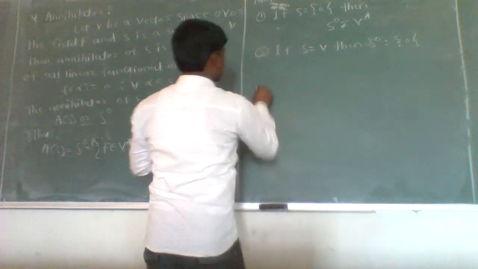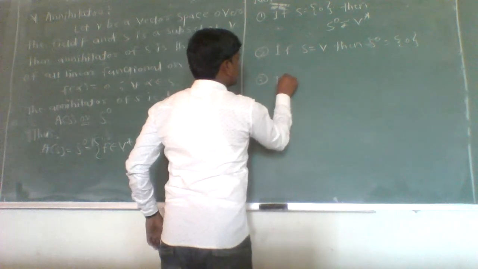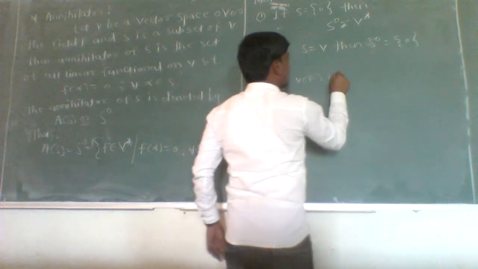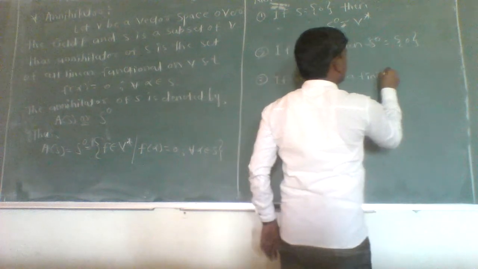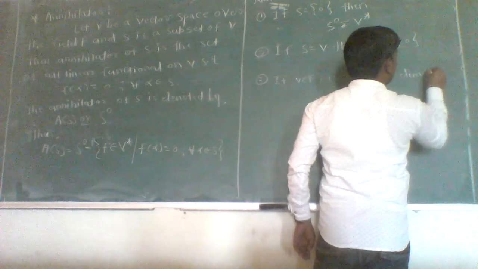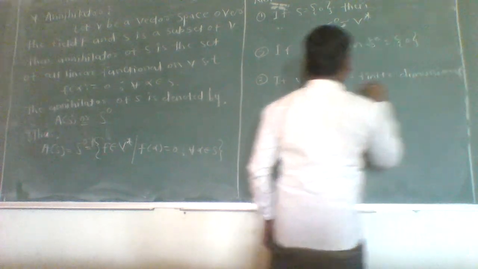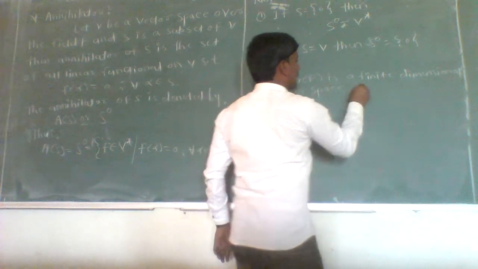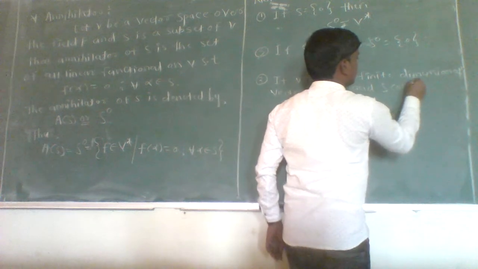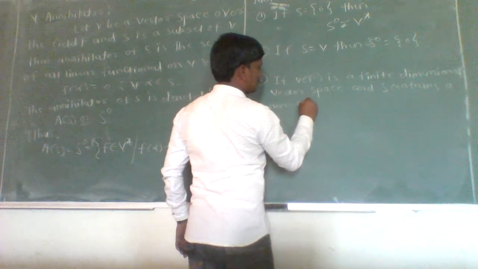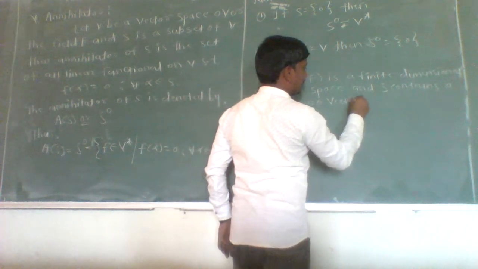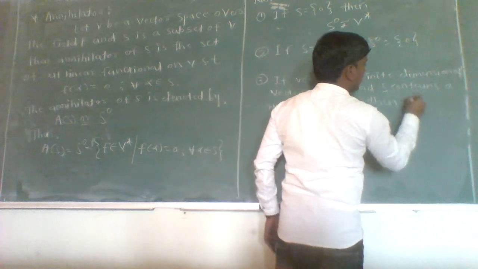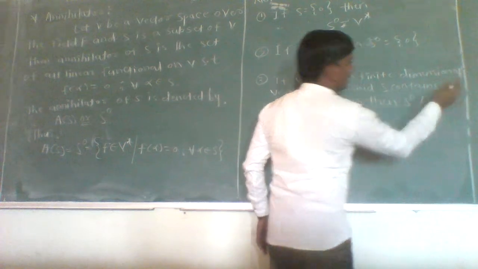Now the third one: if V over F is a finite dimensional vector space, and S contains a non-zero vector, then the S annihilator is not equal to V star.